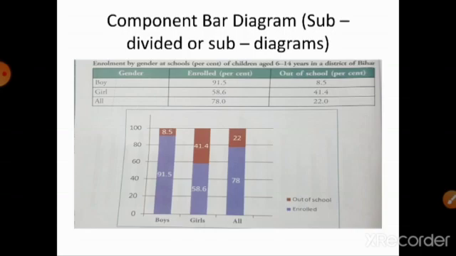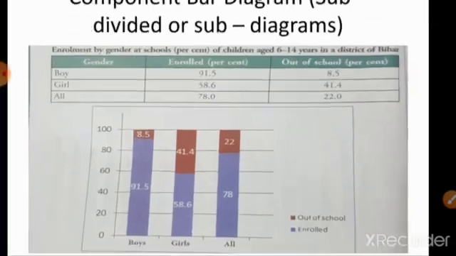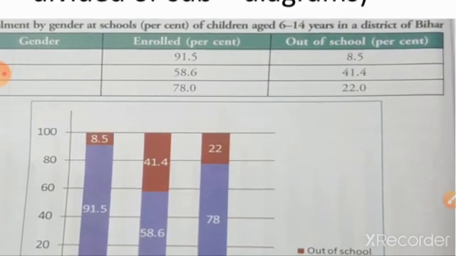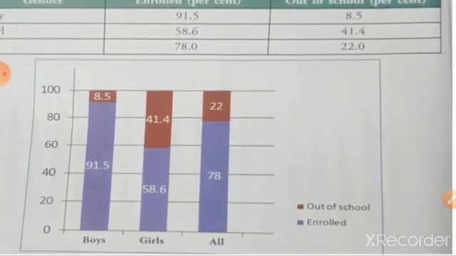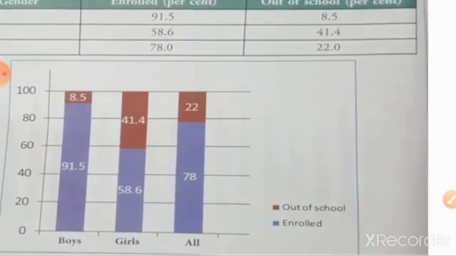Here the example given is the enrollment of genders at schools of children aged between 6 to 14 years in the district of Bihar. In the gender column, if you see, there are boys, girls and total. The number of students who have enrolled is 91.5, 58.6 and 78. The same is given for out of school percent.